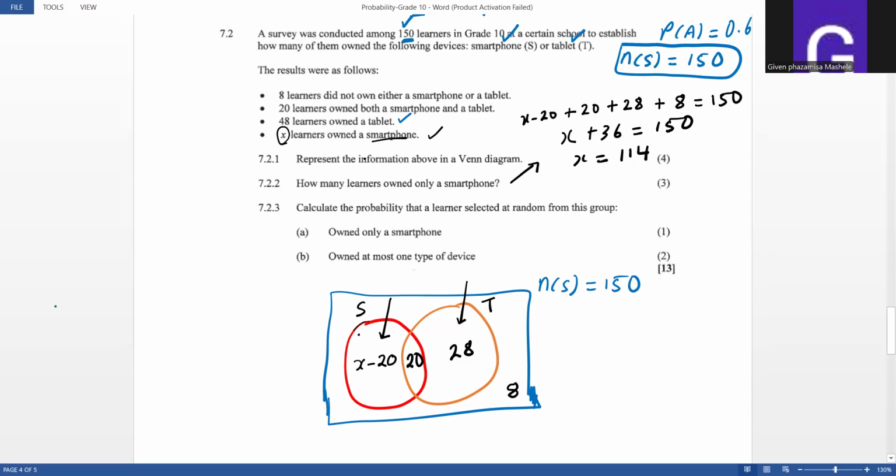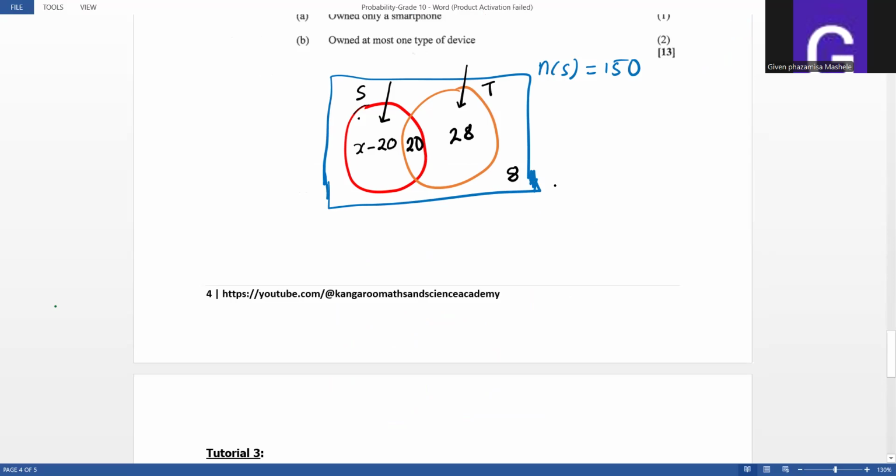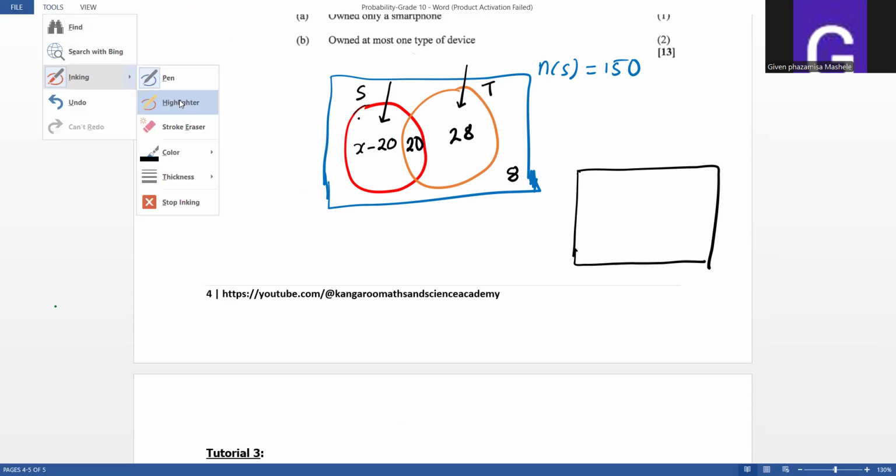But what does the question want? The question says, how many learners owned only smartphone? So let's go back to our Venn diagram. Here's our Venn diagram. Where there is X, let's put 114 to complete our Venn diagram. Let me just use a different color.